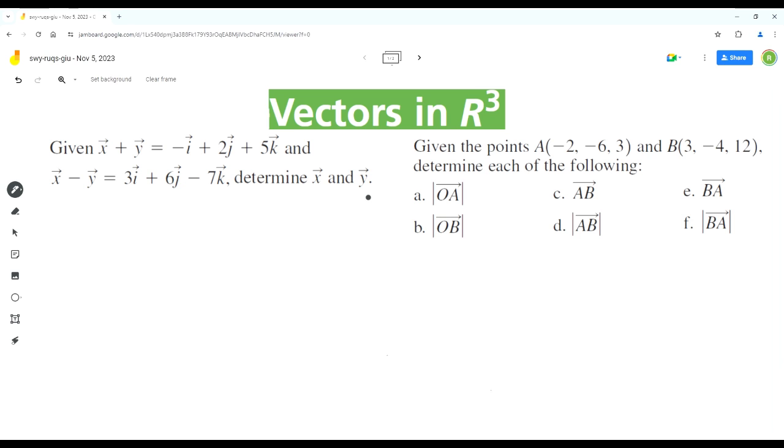So we have to find vectors x and y in terms of i, j and k using these two given equations for vectors x and y. So the first step is to rewrite these two given equations.